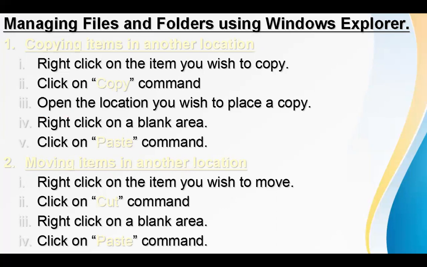The second managing way is moving items to another location. Moving can be done by clicking on the cut command in Windows Explorer, then right clicking on the blank area, then clicking on paste, so the item will be moved to that other location.